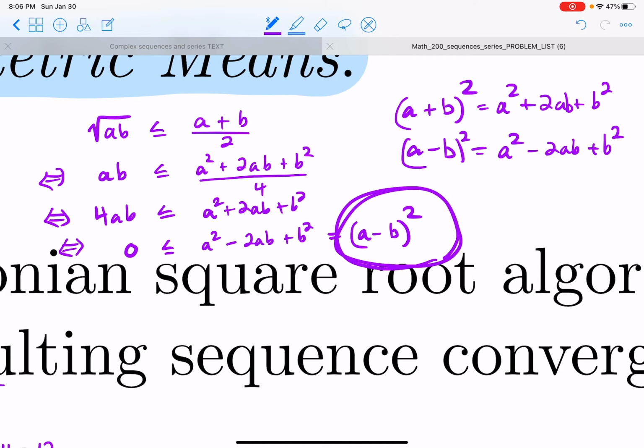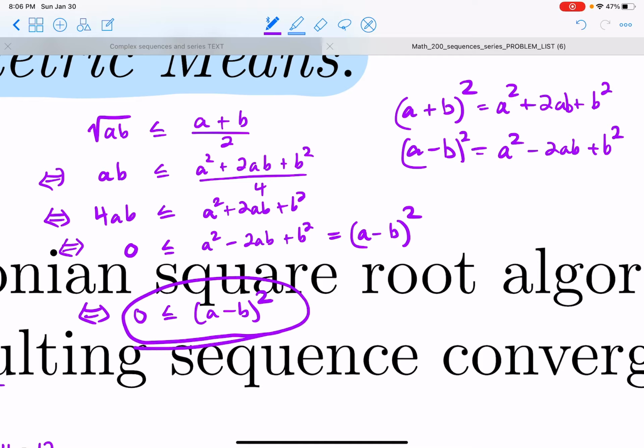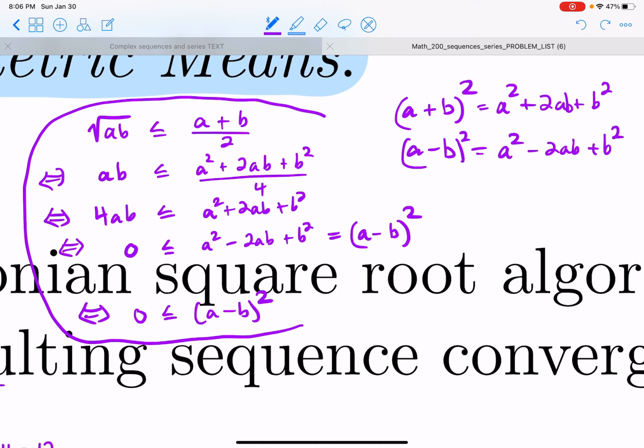But the square of a number is always non-negative. So we have found that this inequality, in other words, I'll just write it out again. Our reader will agree that this is obviously true. The square of a number is greater than or equal to 0. Therefore, we go up the chain of if and only if statements, and we've proved our result.